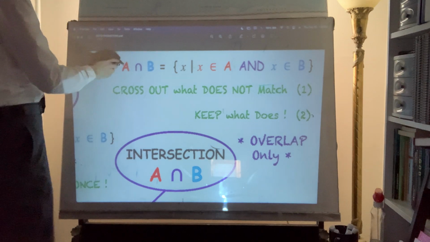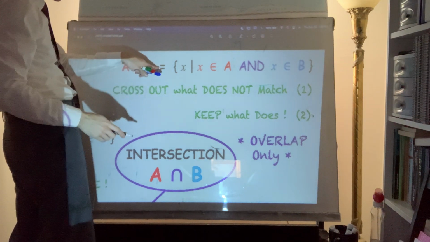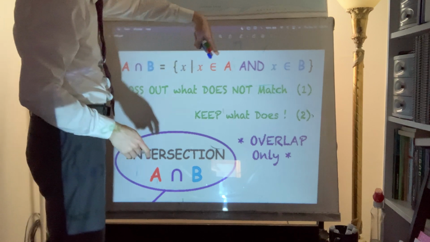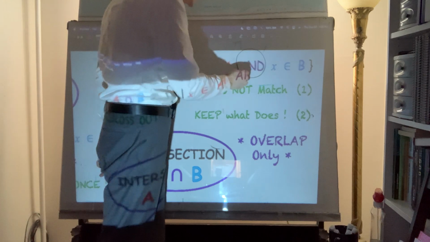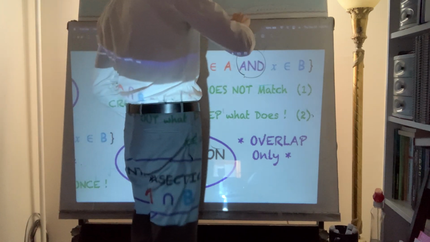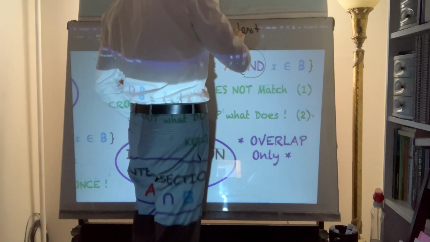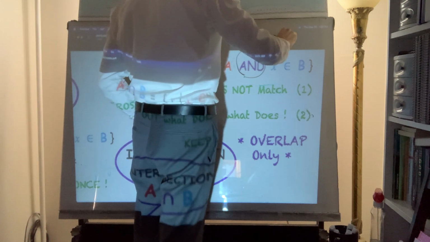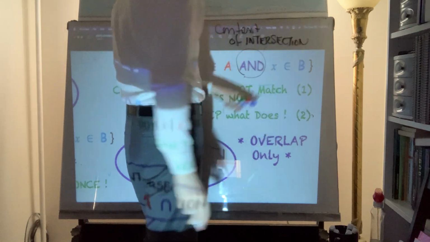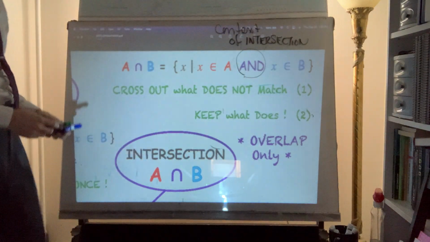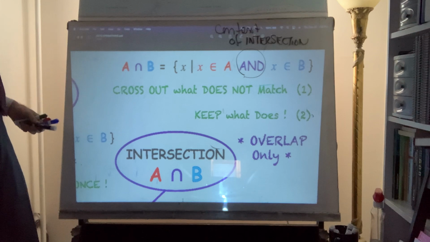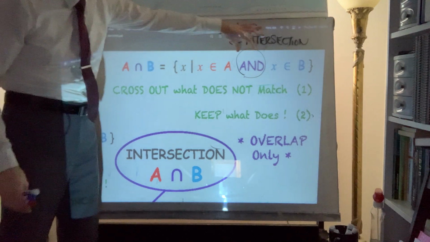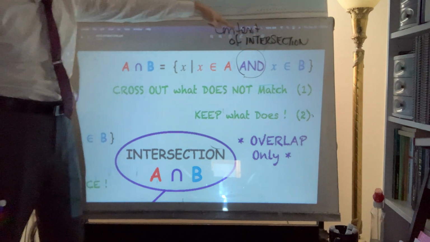The intersection of A and B is the set of elements X such that X is an element of A, and in the context of intersection, X is an element of B. I really want, when you see this symbol, for you to associate that word with this concept.